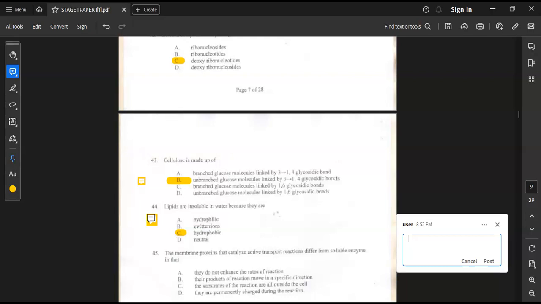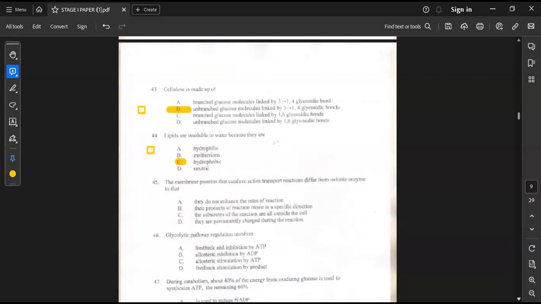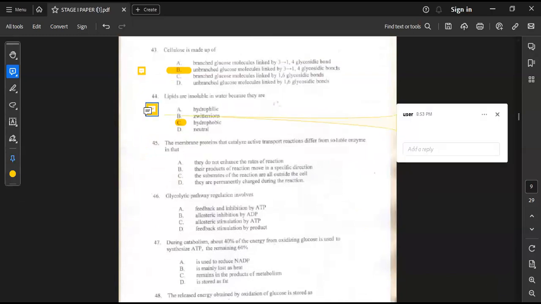If we see another question that relates to it, we'll revise. The membrane proteins that catalyze active transport react. What of the classification of lipids? You can take us through.